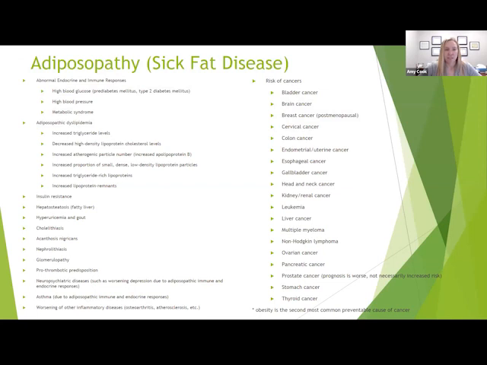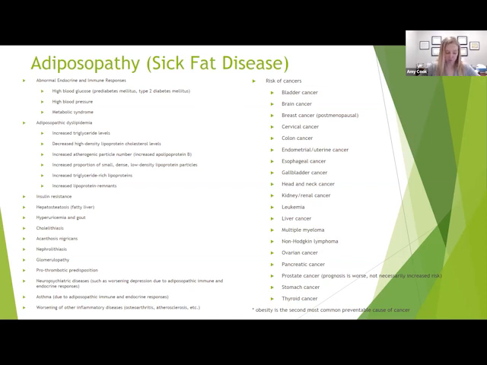Now, obviously, this slide is very heavy and has a lot of information, but this lists a bunch of the comorbidities that come with the sick fat disease. But we are familiar with most of these, as they are the metabolic diseases, including hypertension, diabetes, hyperlipidemia, dyslipidemia, fatty liver, gout, renal disease, inflammatory disease, and weakened immune system.